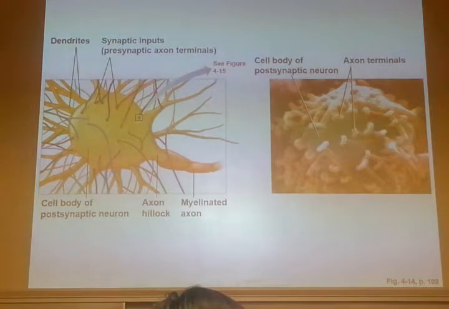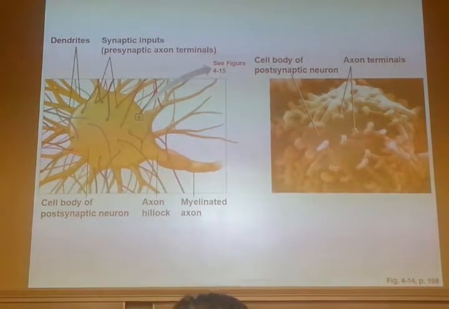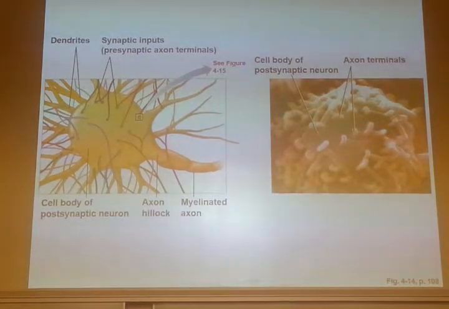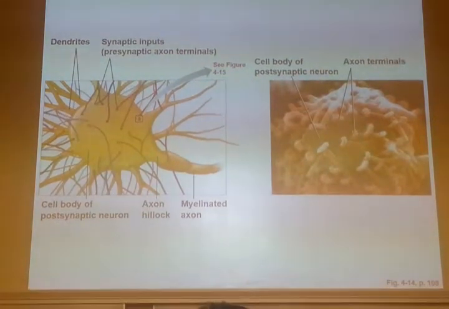Remember, axon hillock is the old term for initial segment and trigger zone. Those give you more information. Trigger zone tells you that's where the action potential is initiated. Axon hillock just tells you it's a little moundy shape of the axon that's closest to the cell body.